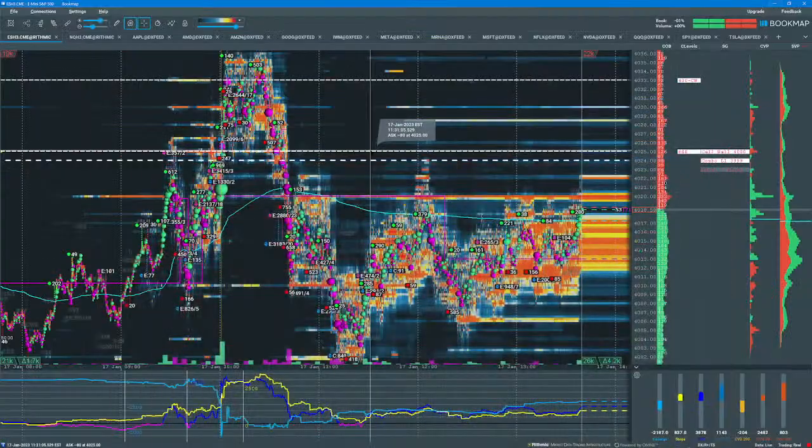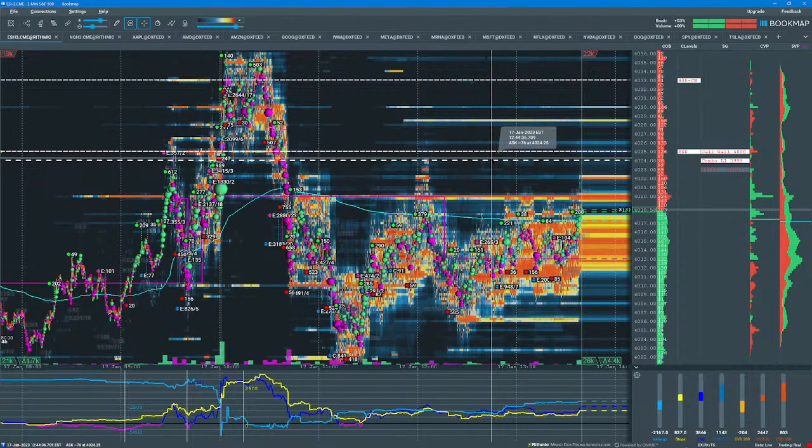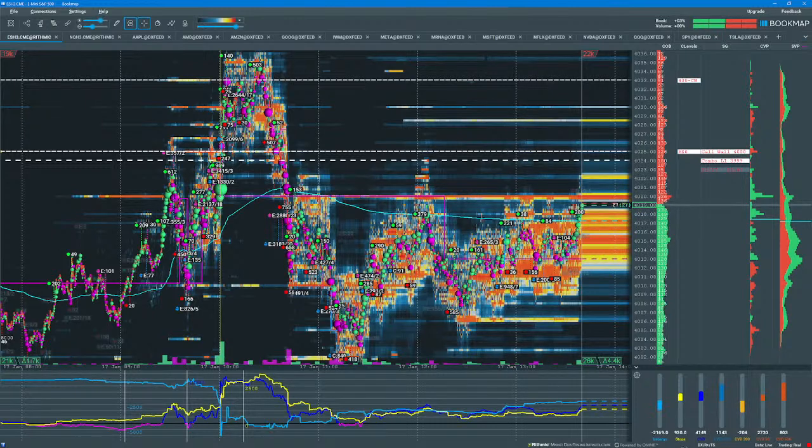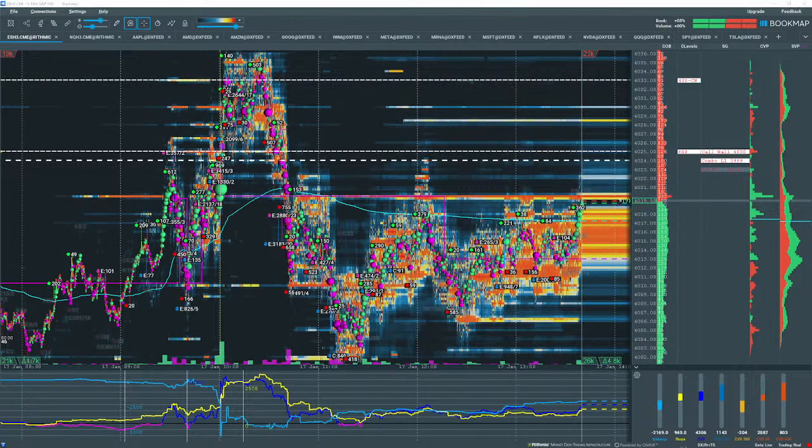All right, let's look at Bookmap now, and this is the S&P 500 futures in Bookmap, and I'm showing two columns of levels. And the first, these are the Spotgamma cloud notes that I mentioned, and again, these need to be adjusted down.